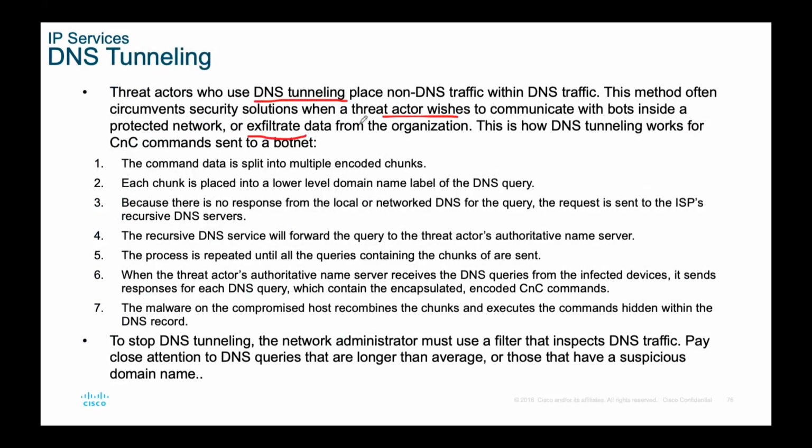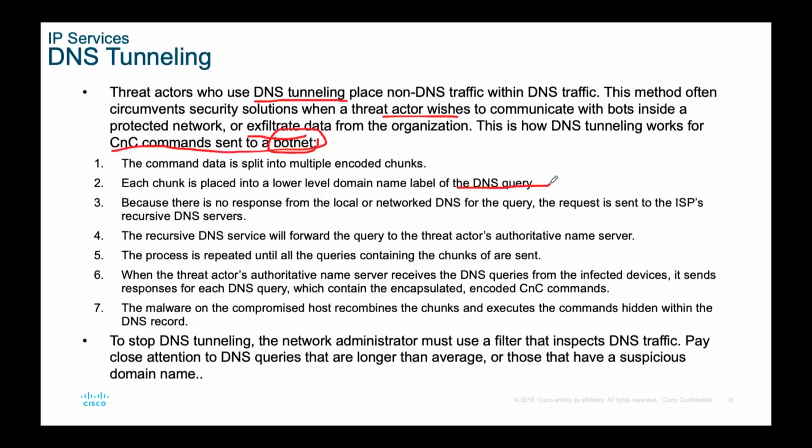This is how DNS tunneling works for a CnC command sent to a botnet. First, the command data is split into multiple encoded chunks, and each chunk is placed into a lower-level domain name label of the DNS query.